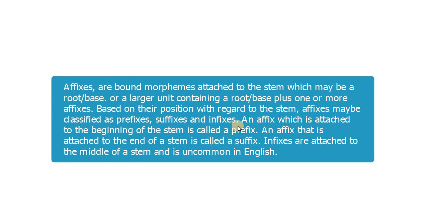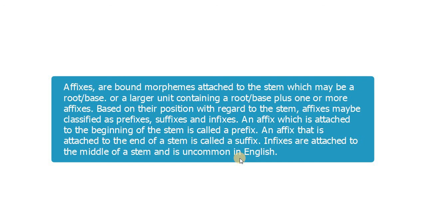Prefix itself is a prefix. An affix that is attached to the end of the stem is called a suffix. That is, when a morpheme succeeds a stem or a root word, not precedes it, it becomes a suffix. Infixes are attached to the middle of the stem and are uncommon in English. It is only there in colloquial expressions.